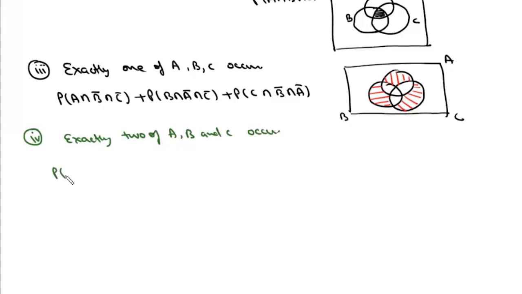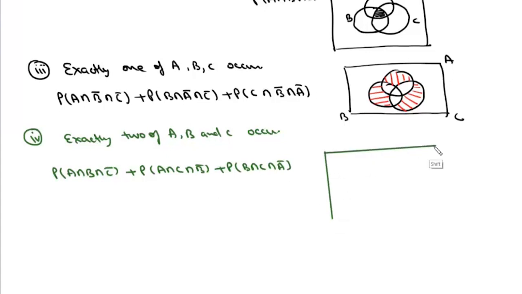Now which two? It could be A and B but not C, or A and C but not B, or B and C but not A.